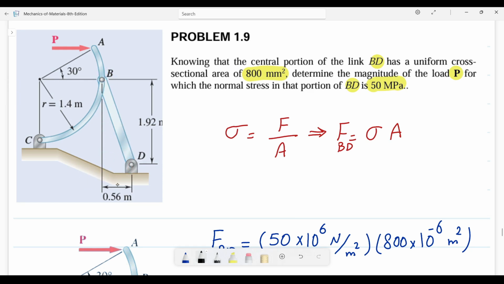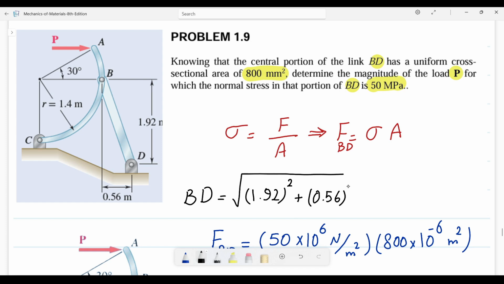For this we write this equation: BD equals the square root of 1.92 to the power of 2 plus 0.56 meters to the power of 2.